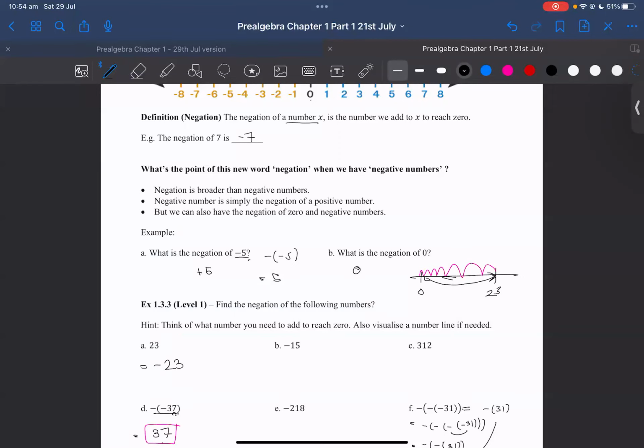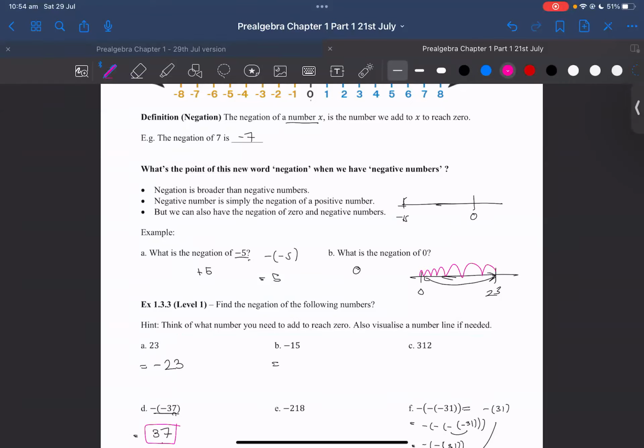What about the negation of negative 15? What do you need to add to negative 15 to reach 0? Start at negative 15 on the number line. Which way do you need to go to reach 0 again?